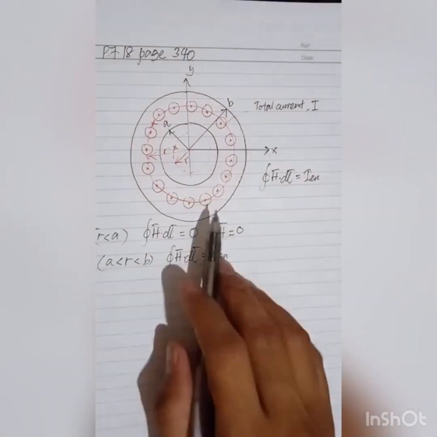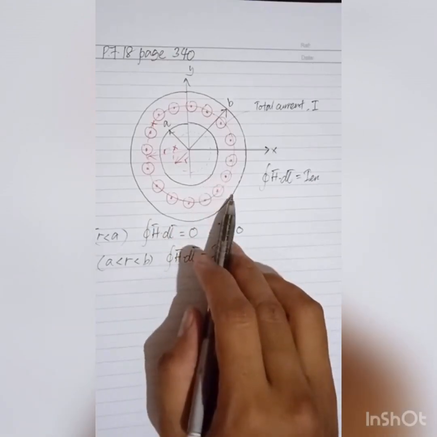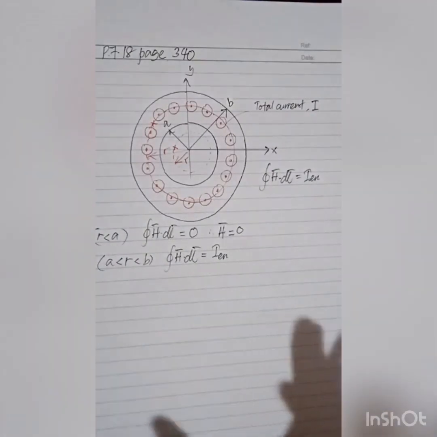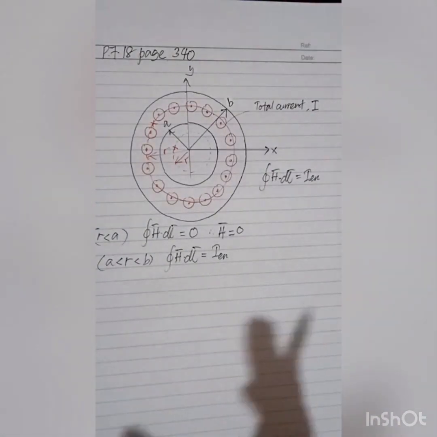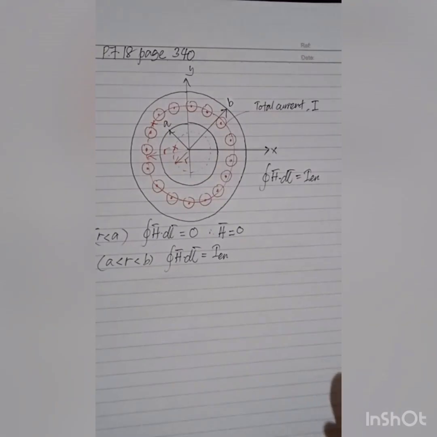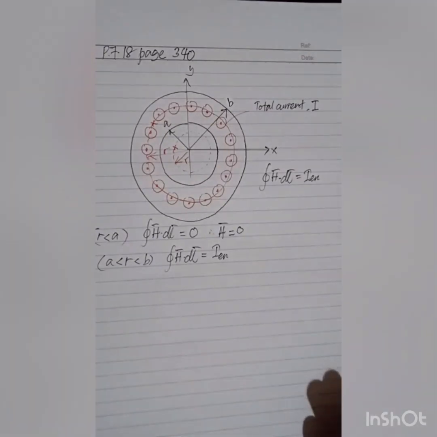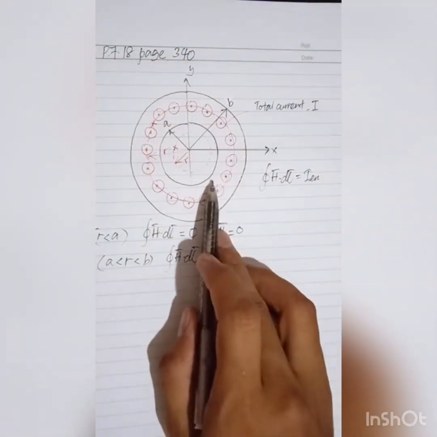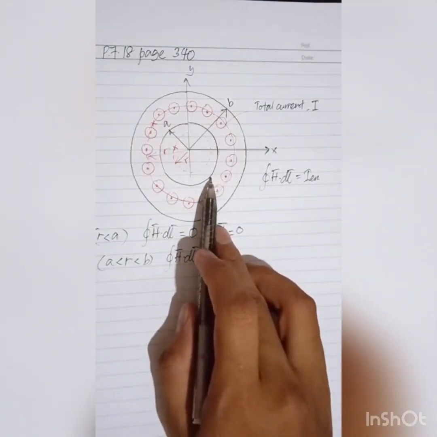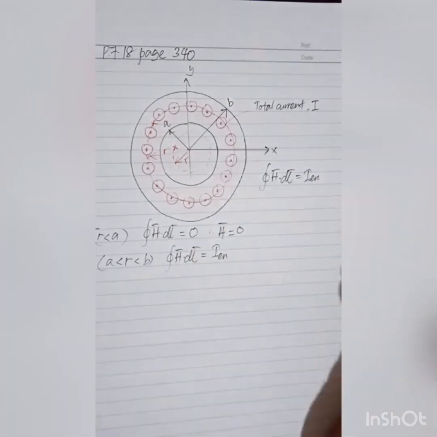Since the current appears from R equal to A until R equal to B, the current now depends on the area. So we are going to have a volume current density, because this current appears from R equal to A until R equal to B.